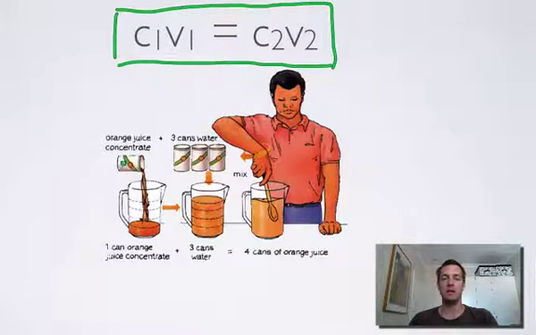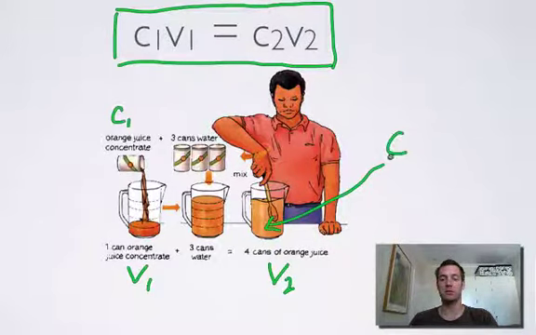Here is our original solution, this concentrate, so its original concentration is going to be C1. How much of it do we have to start with? That's V1. How much do we end up with? That's V2. This 4 cans is how much we end up with. So V2 is the final volume, V1 is the initial volume, and this solution here will have a different concentration to the original one because we've diluted it, and that's going to be C2.